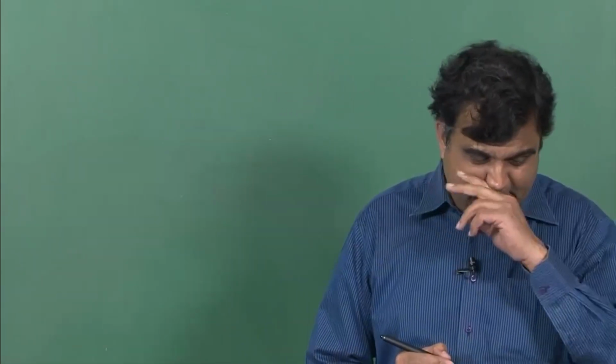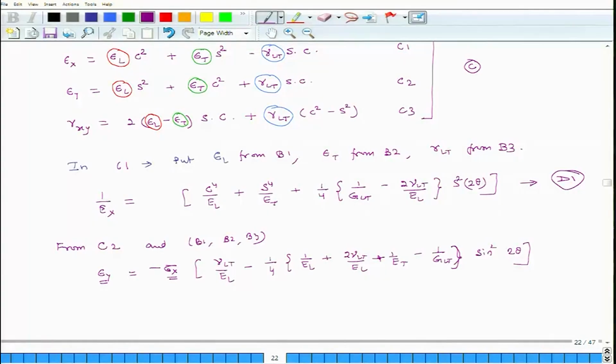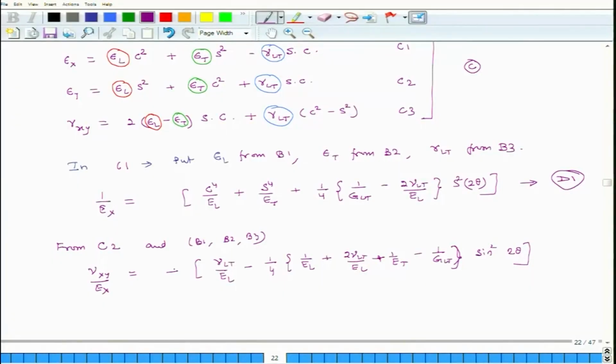If I divide both sides by Ex, sigma x goes away from the right side, and on the left side I am left with epsilon y divided by sigma x, and that I can express as nu xy divided by Ex. So, now I have a definition for Poisson's ratio xy.